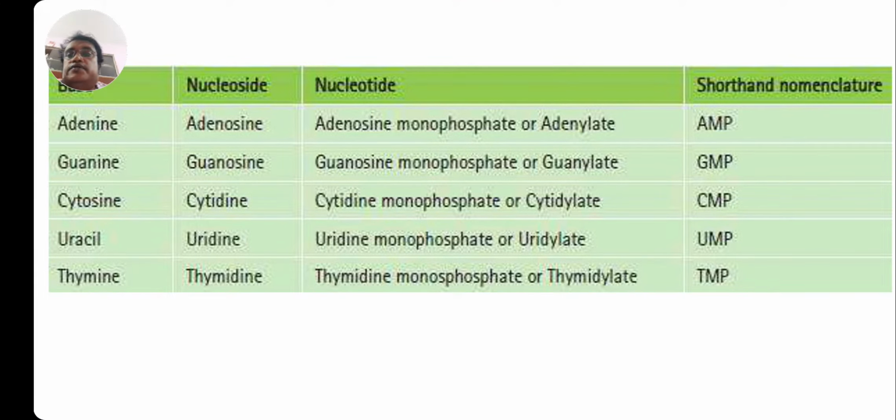When there is a deoxyribonucleoside, then from adenine we get deoxyadenosine, and the deoxyadenosine 5-monophosphate or deoxyadenylate.